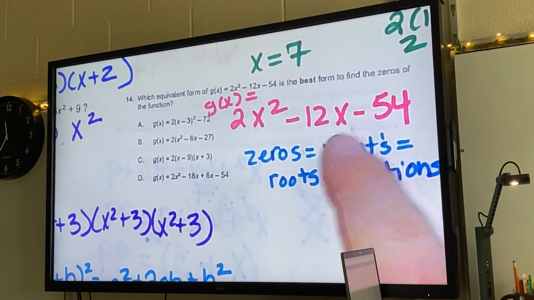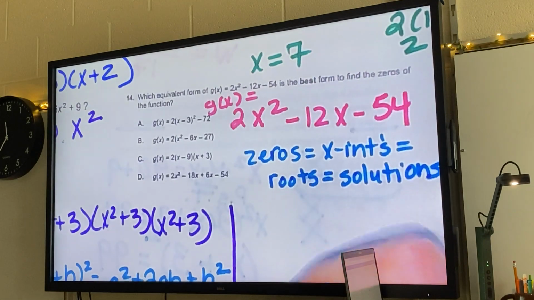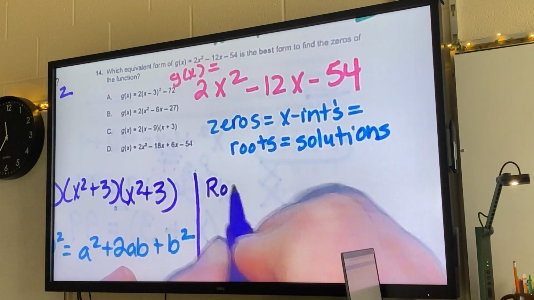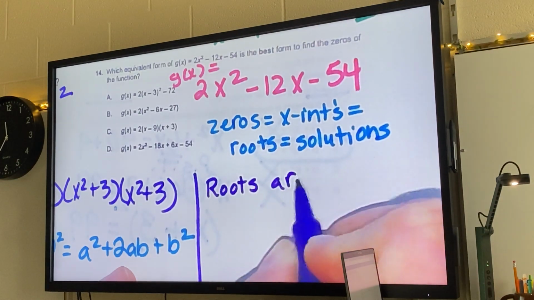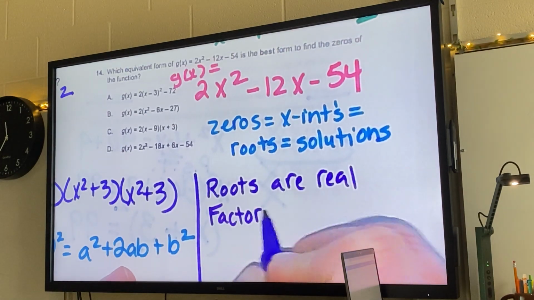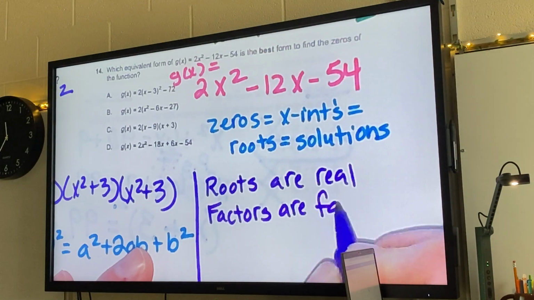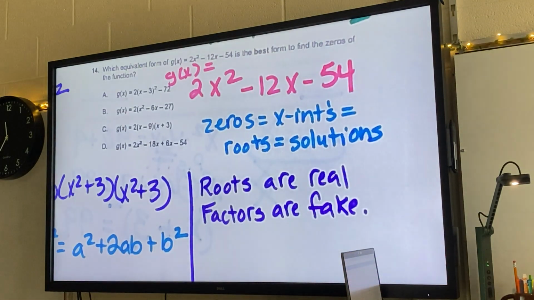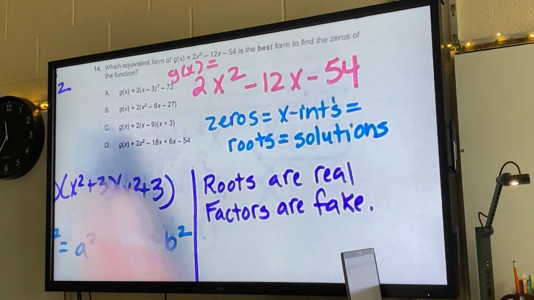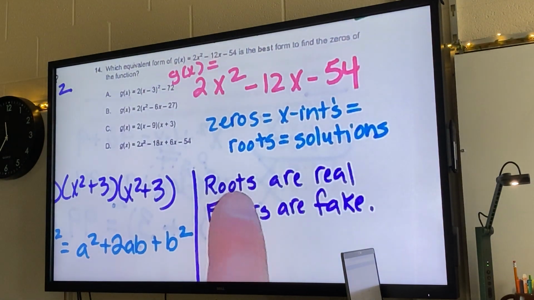I'm going to use Desmos to do this, and I'm also going to use this saying I told y'all: roots are real, factors are fake. We're going to graph it, look at Desmos, find the roots, and whatever the root is, the opposite of that is going to be the factor.